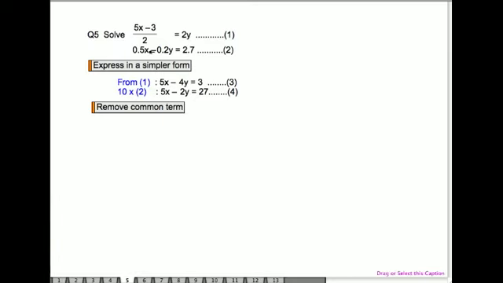And in the second equation, we multiply by 10 to remove the decimal point to give us 5x minus 2y equals 27. Now we have a common term in 5x, we can remove it.